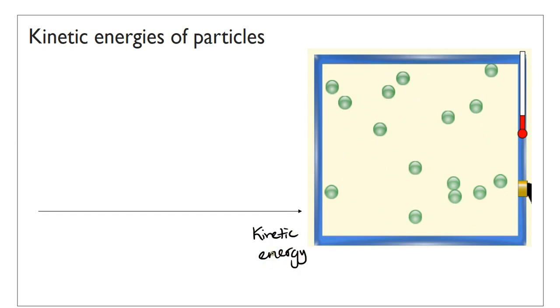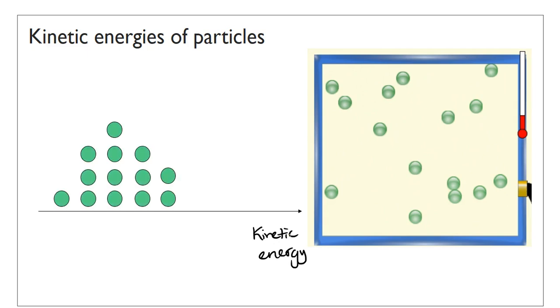Some textbooks may label it as speed of particles or velocity, but essentially we're talking about how fast they're moving. Then maybe you're going to have a distribution like this across the kinetic energy scale. So in theory, you don't have any particles at zero kinetic energy. The exception, of course, is if you are at absolute zero, but that is not very realistic. So this is an example of the distribution of kinetic energies of the particles.